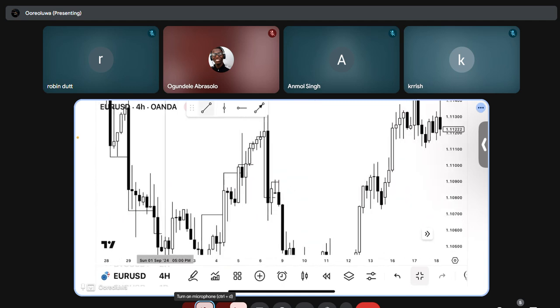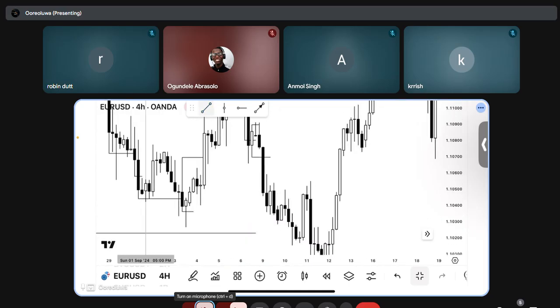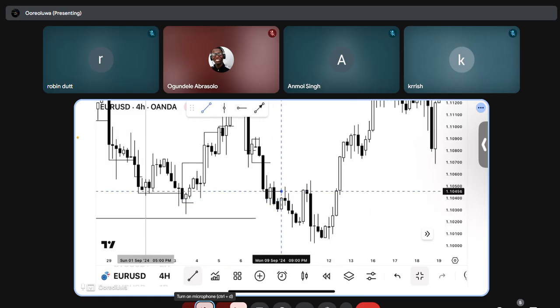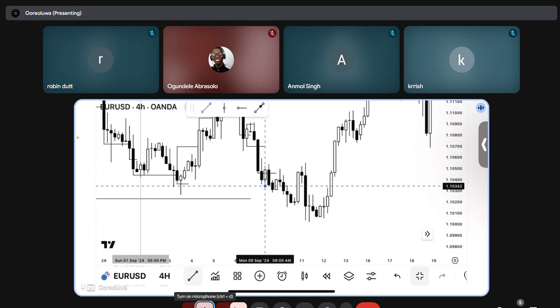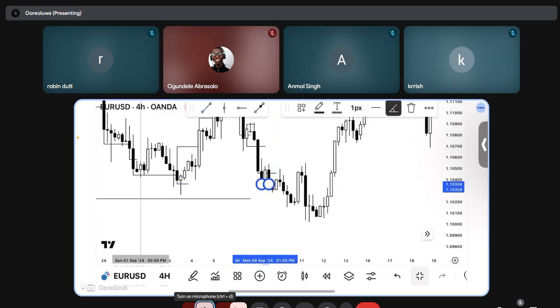This candle, close below. Close below. Close below. This one. This one.